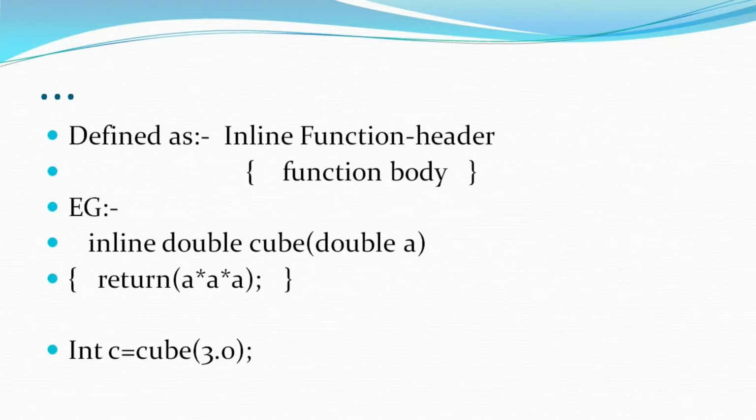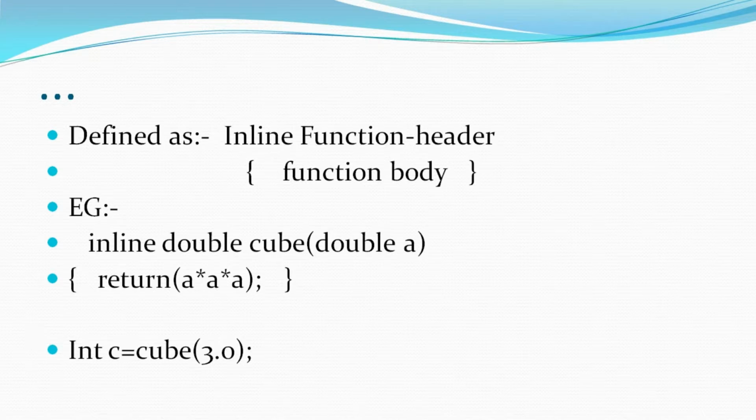So how can we define these inline functions? First, inline is a keyword. We use inline and your function name, that is the function header. Then, like a simple function, there will be a function body. For example, we define a function of type double as inline.